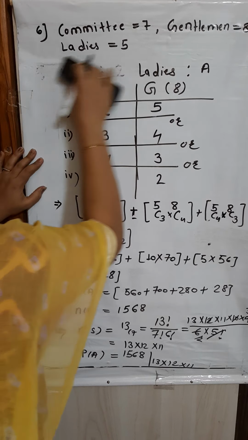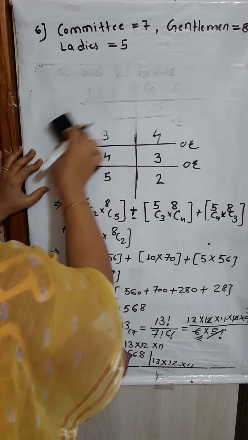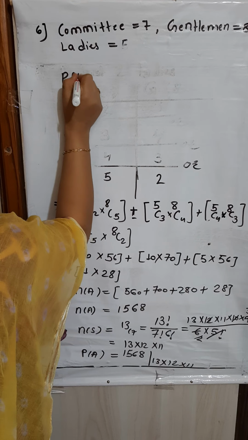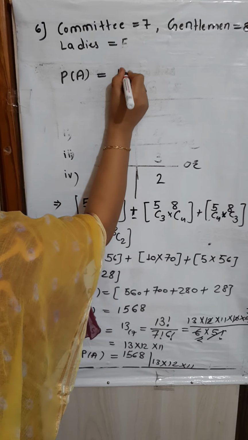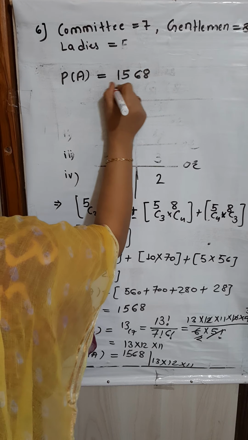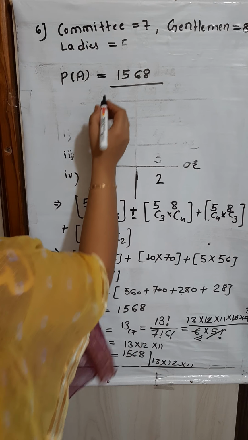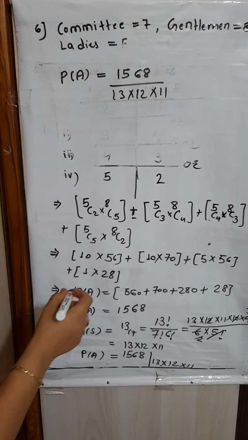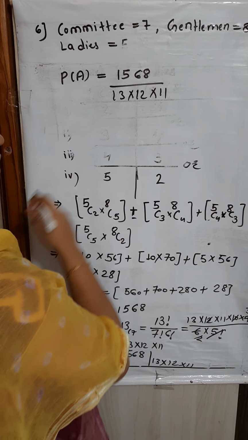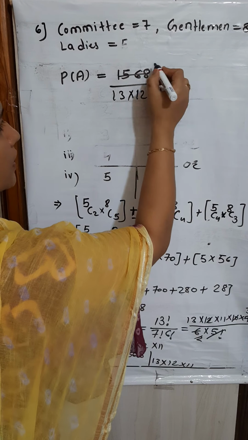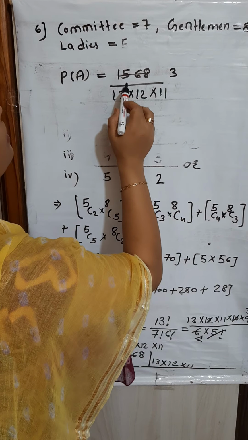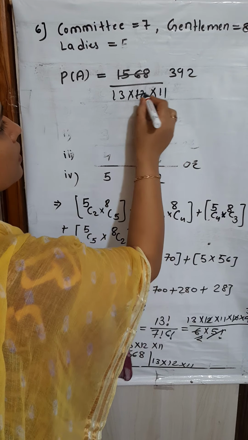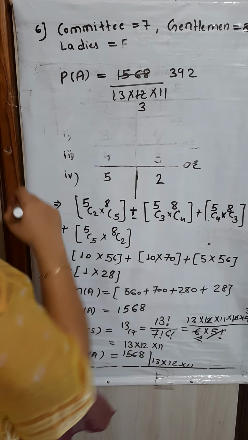So after solving this again, probability of event A is equal to 1568 whole divided by 13 into 12 into 11, by using the tables, dividing by 4, 3 times, 9 times, 2 times, and this 3 times.